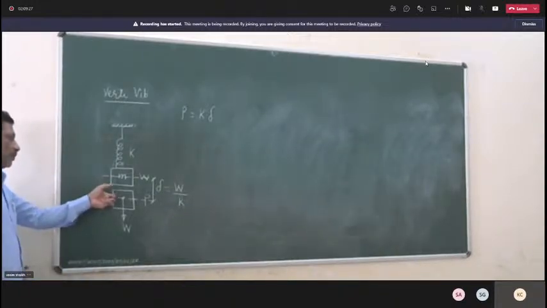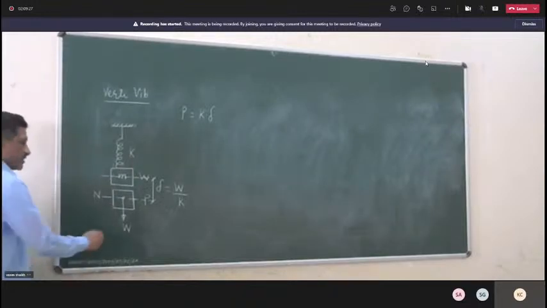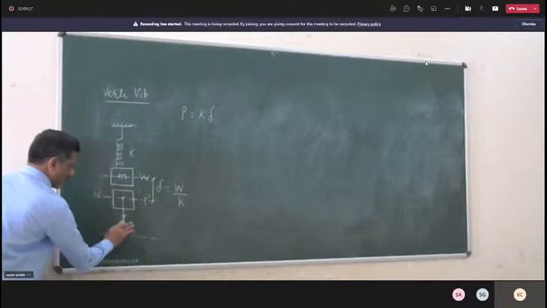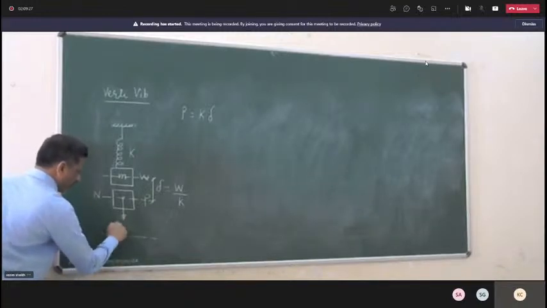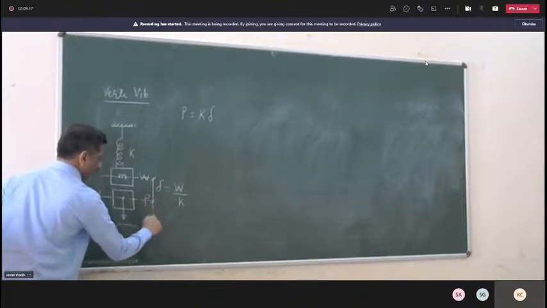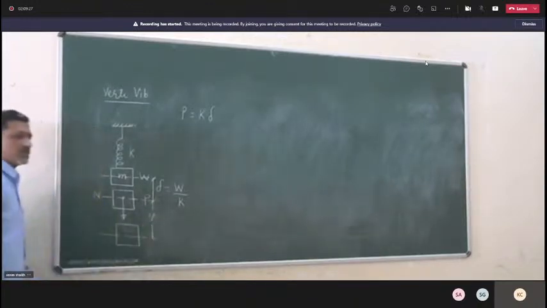Now suppose you are given some initial displacement and the system is vibrating. Consider the free body diagram of the system at some distance y from the neutral position. The rest of the procedure is the same as that of horizontal vibration.